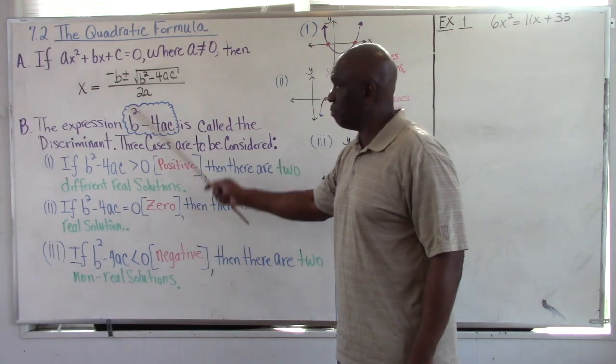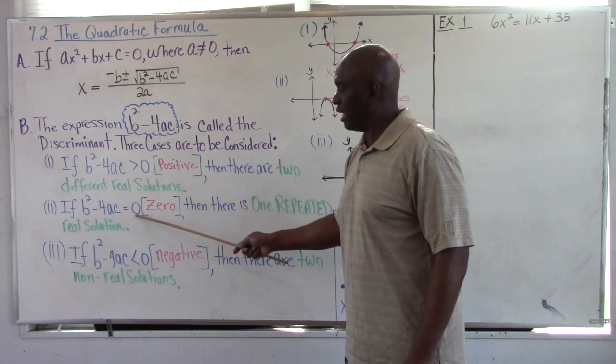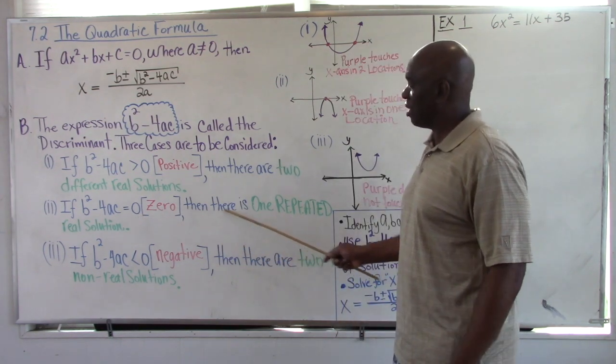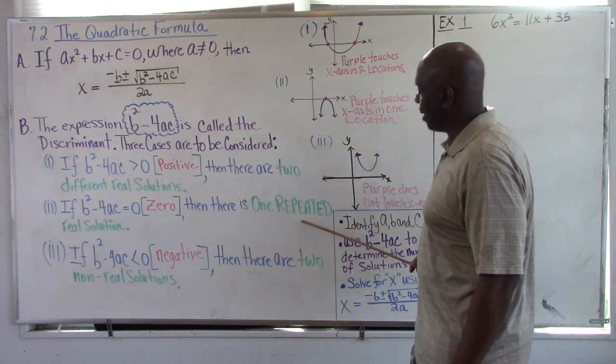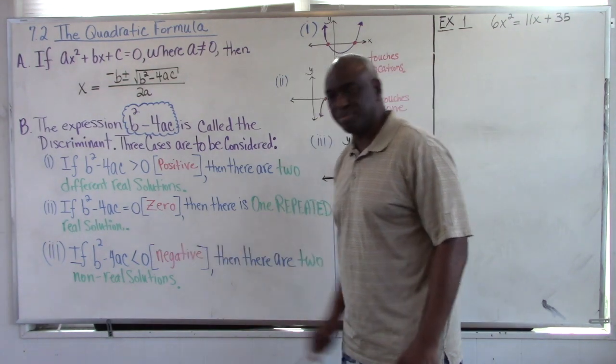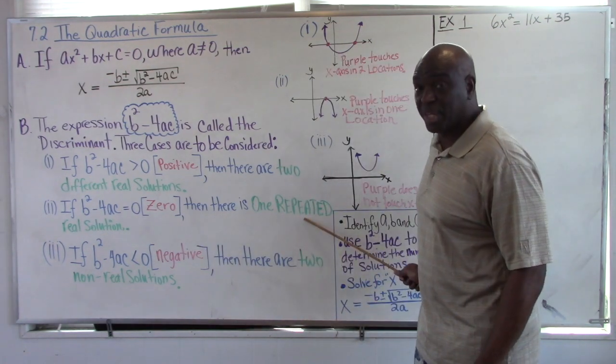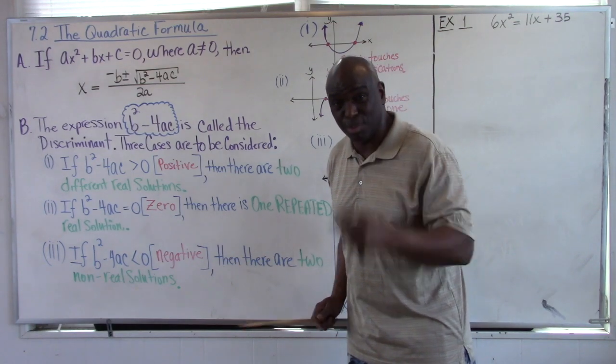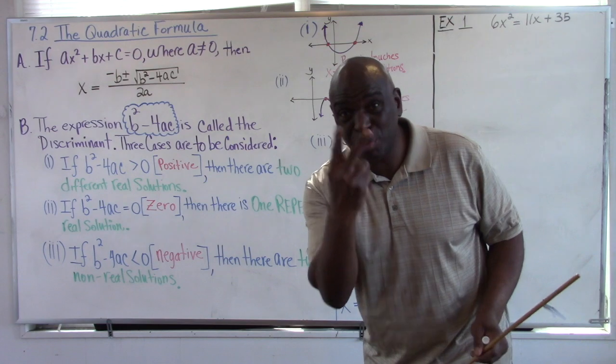If the discriminant, b squared minus 4ac, equals 0, then the answer is there is one repeated real solution. I say repeated because it's that same number twice. There has to be two answers, ladies and gentlemen. Well, why two, Mr. Wright?